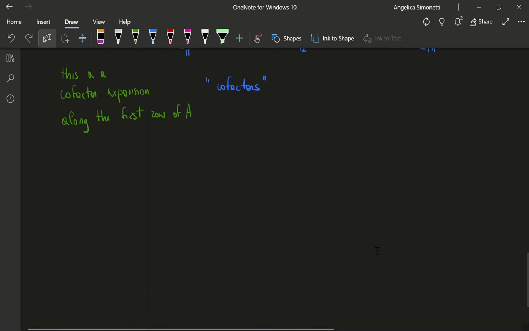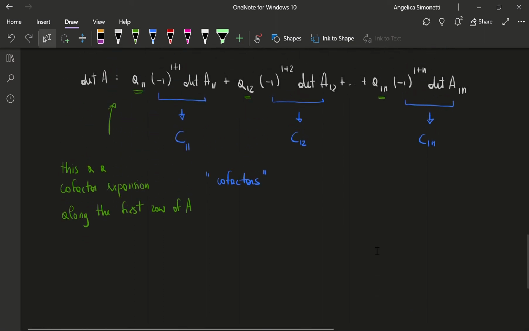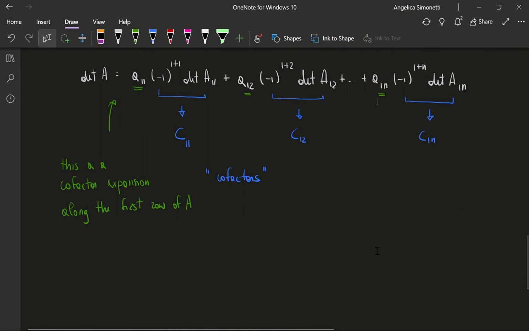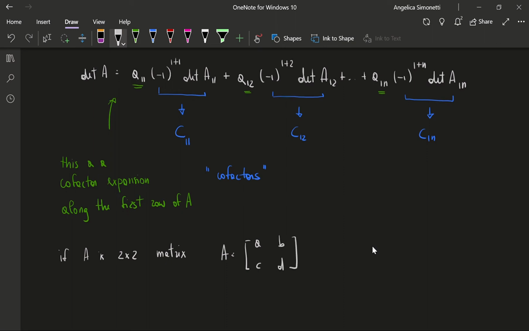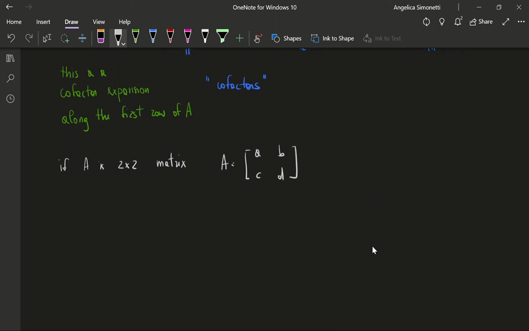Now let's check that this formula actually gives us the determinant of A for a 2 by 2 matrix. If A is a 2 by 2 matrix, again A is going to be a, b, c, d. And what does the formula say?